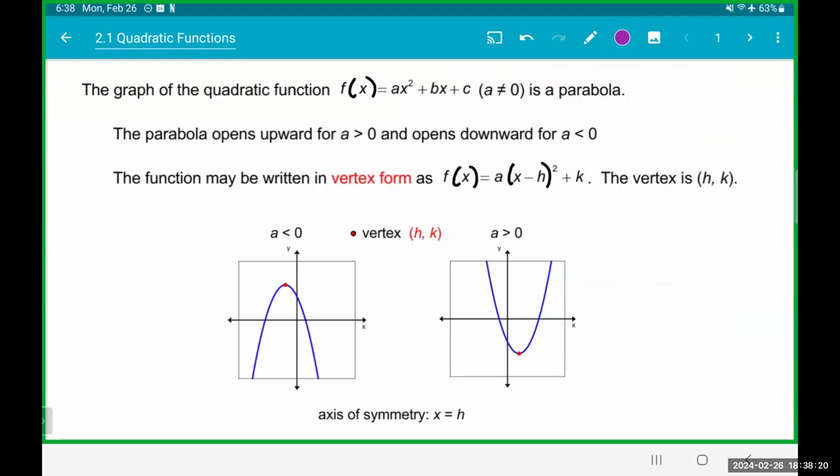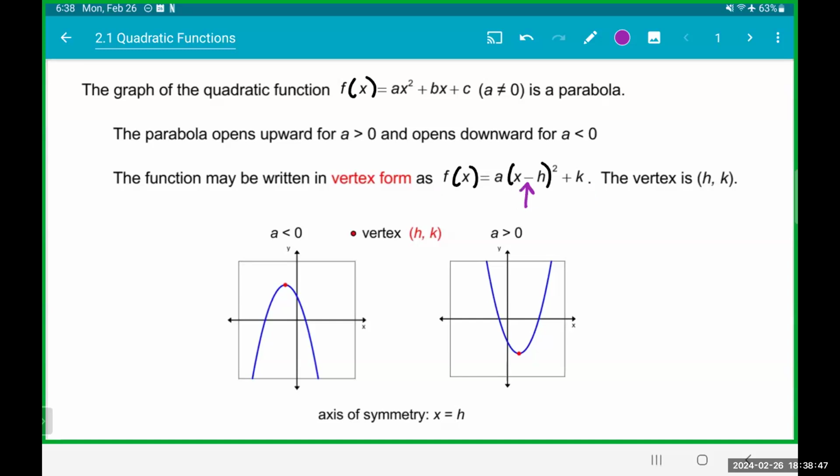And this is that function in vertex form right here: my function is a times x minus h squared plus k, where h and k make up our vertex, okay? Now, one thing I do want to point out to you guys is note that this here is a negative.